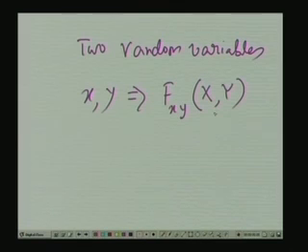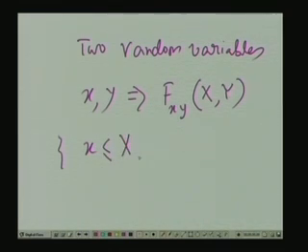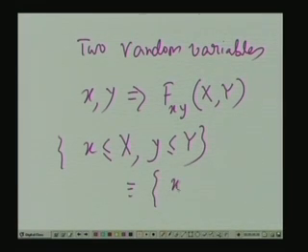Now, what does it mean? Let us give a definition actually. We consider the event: this random variable x taking value less than or equal to some given number capital X, y taking value less than or equal to some given number capital Y, which actually means this pair is taking value from a particular region D in the xy plane.